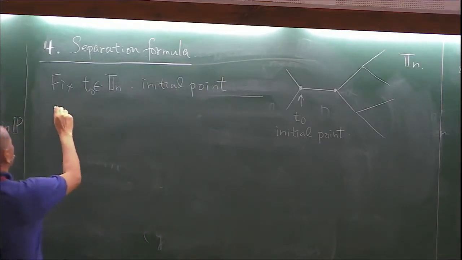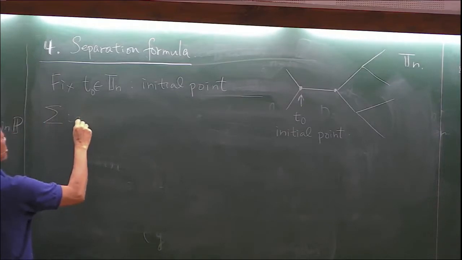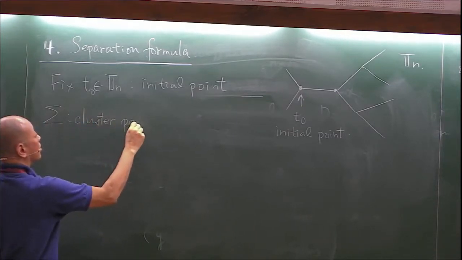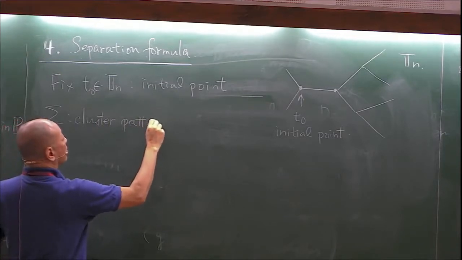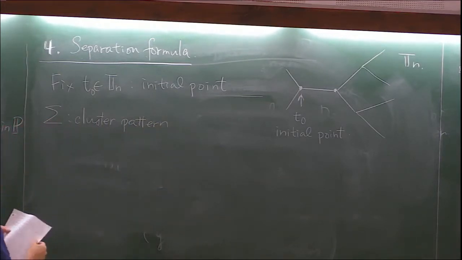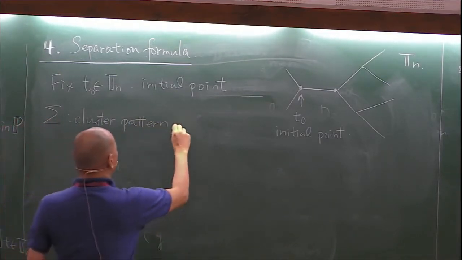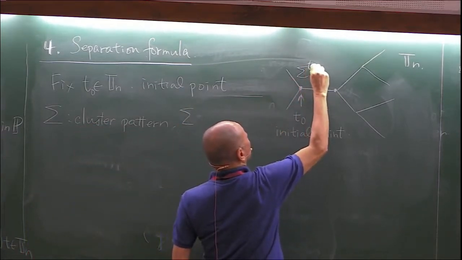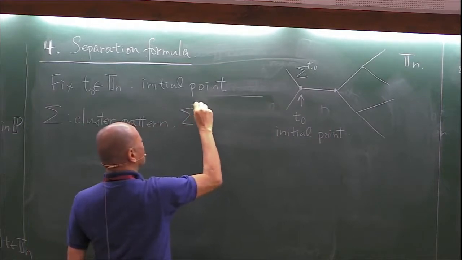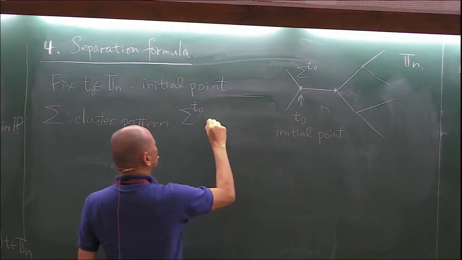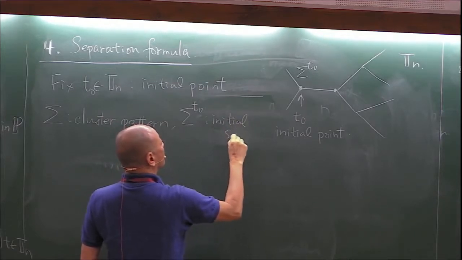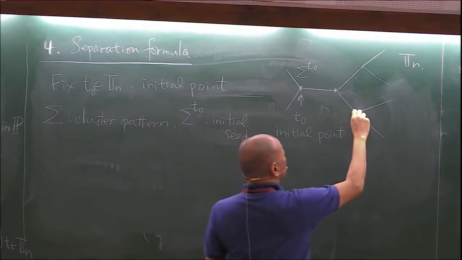Then, suppose you have a cluster pattern with general coefficients. First of all, you have here a special seed which corresponds to this initial point. It is called the initial seed. And you have some general point t.